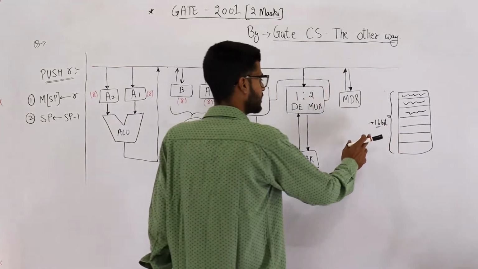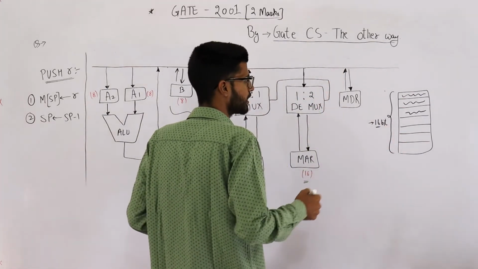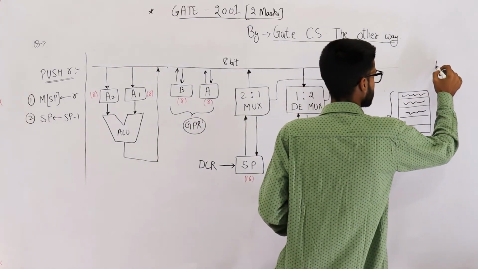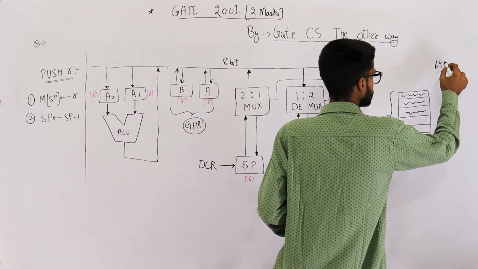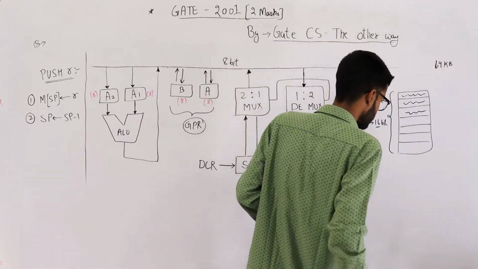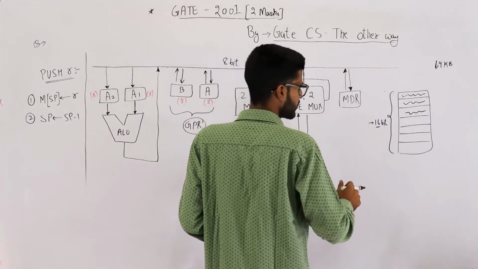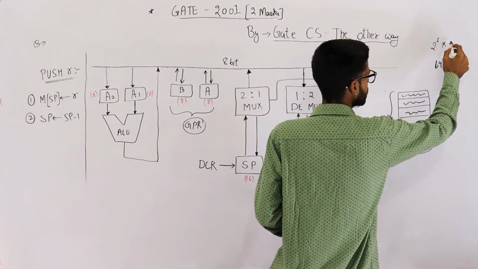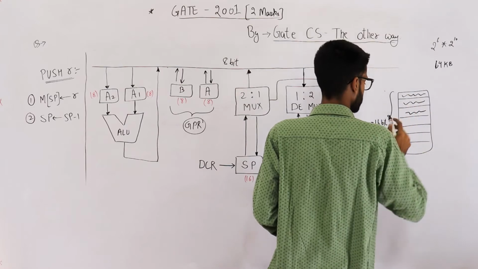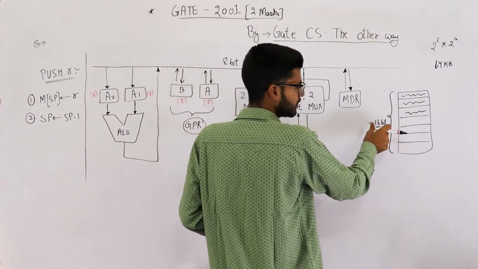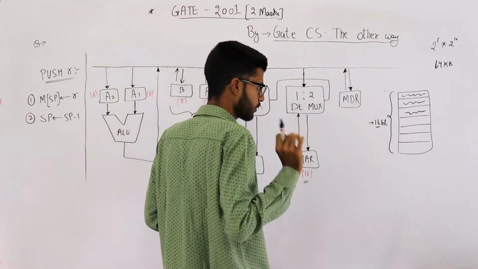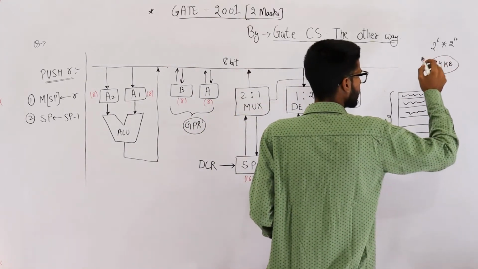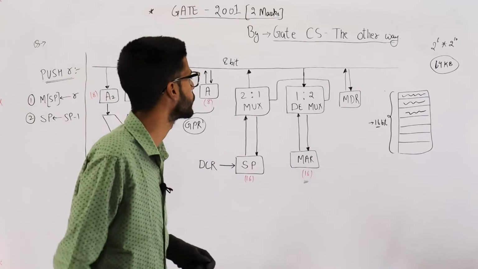So this 16-bit address implies that total memory supported is 64 KB. How did I get 64? 2 power 16 can be written as 2 power 6 times 2 power 10, because a 16-bit address means total 2 power 16 locations can be addressed. So the memory supported is 64 KB, assuming one word is equal to 1 byte.